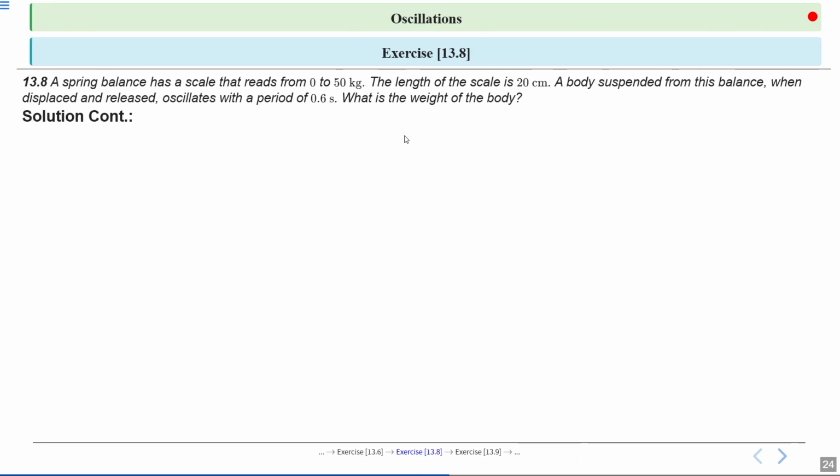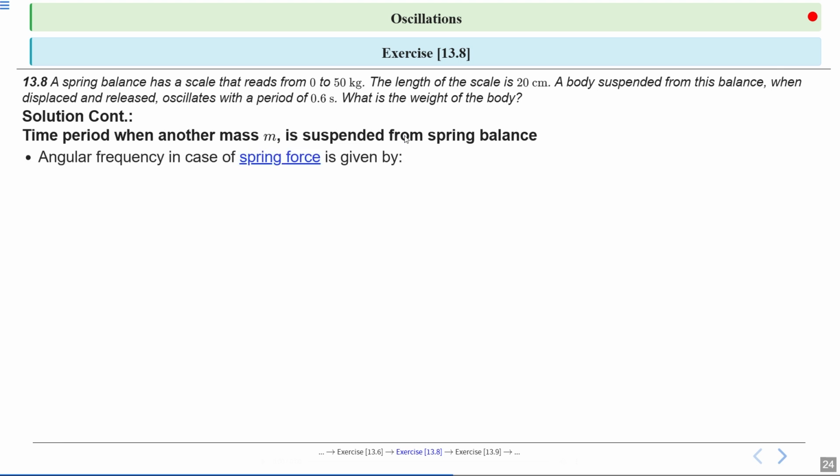Now, time period when another mass m is suspended from spring balance. So angular frequency, which we use to describe how quickly something oscillates, is given by the formula omega equals the square root of k divided by m.